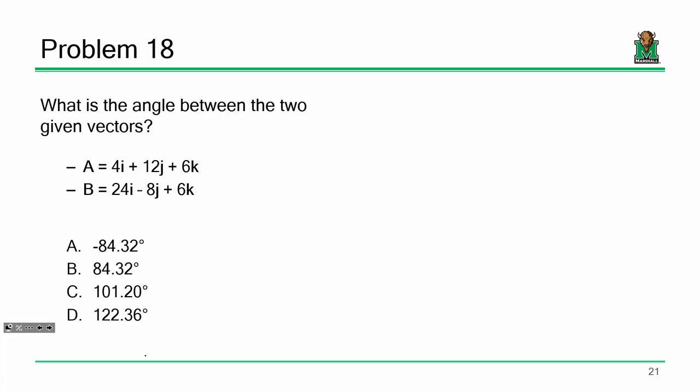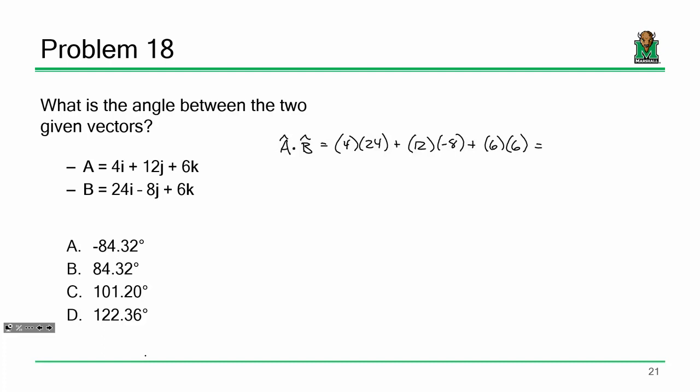All right. So what is A dotted with B? How am I going to do that? It's going to be what? 4 times 24 plus 12 times minus 8 plus 6 times 6, right?